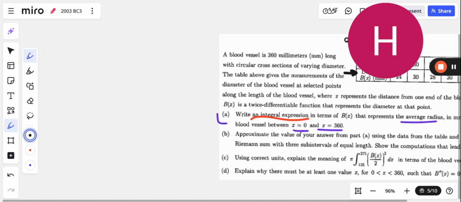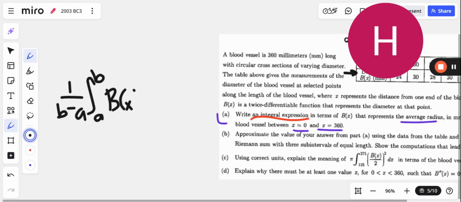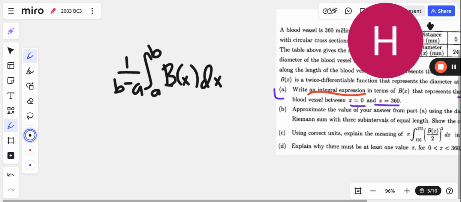So that's simply going to be the average value formula, which we would normally write like this. I guess in this case, it's going to be the integral of capital B of x dx. Don't confuse those b's. And since we're going from 0 to 360, we're going to have 1 over 360.